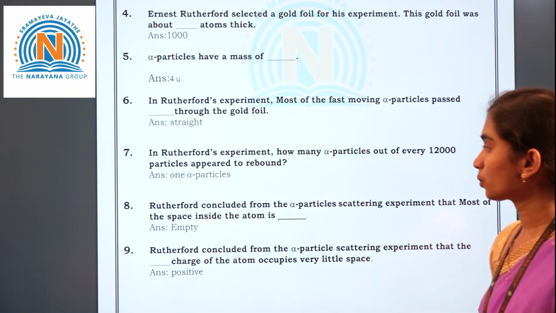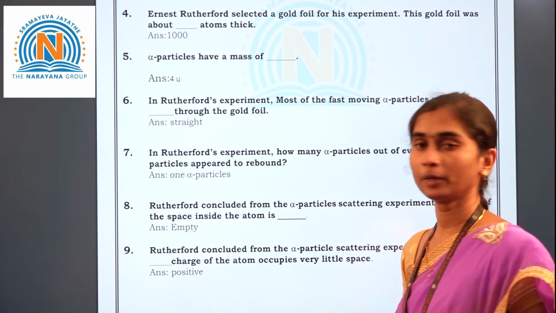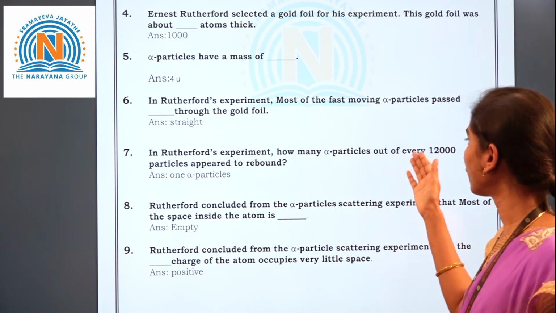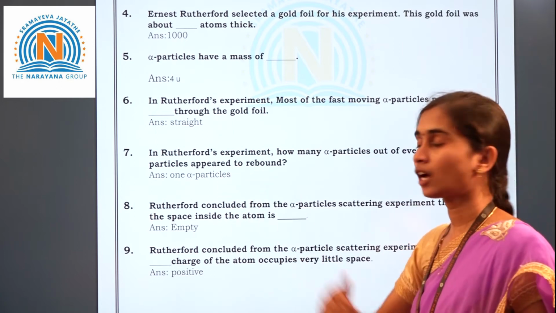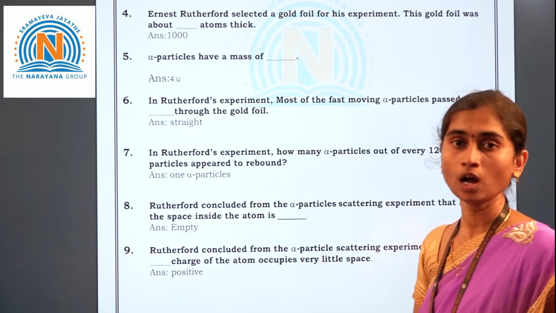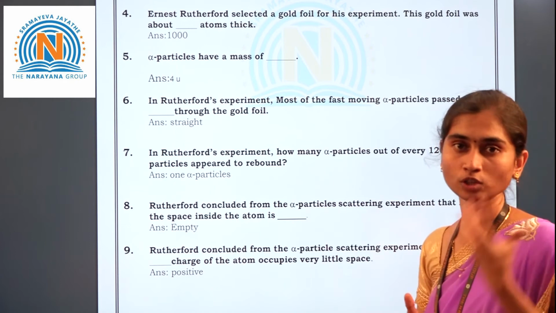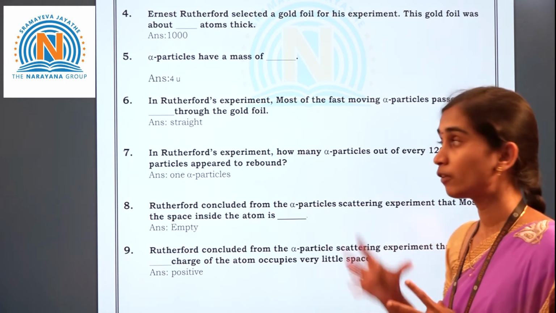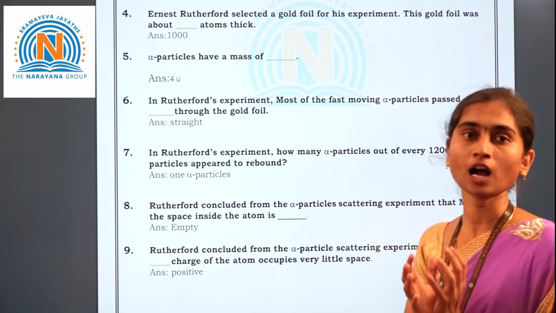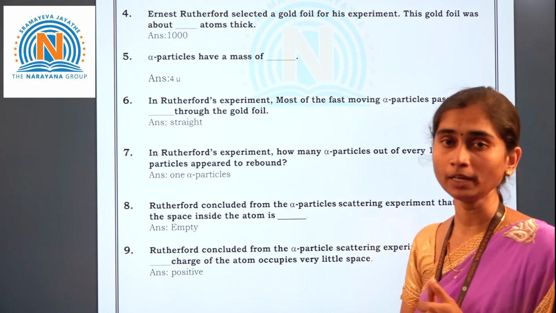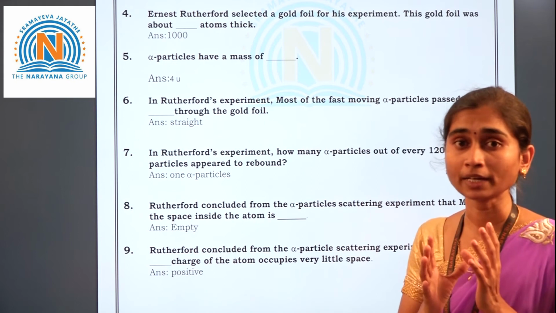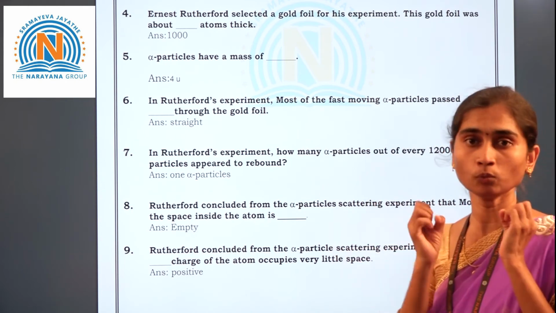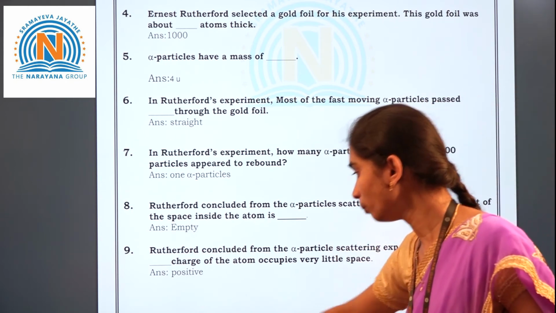And the next question: in Rutherford's experiment, how many alpha particles out of every 12,000 particles appear to rebound? When we pass these fast moving alpha particles through the thin gold foil, out of 12,000, one alpha particle is going to rebound.